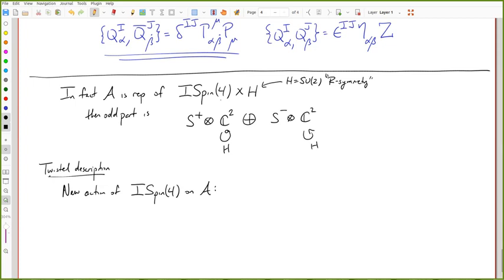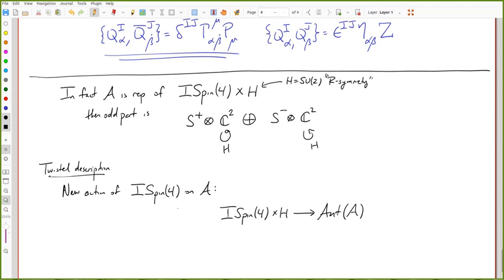Well, it'll come from the action of ISpin4 cross H. So I told you already that ISpin4 cross H acts as symmetries of the supersymmetry algebra. It was naturally a representation of this product of groups. And so when you think of how ISpin4 acts, you would usually think, okay, inside of ISpin4 cross H, I just use the usual action of ISpin4.